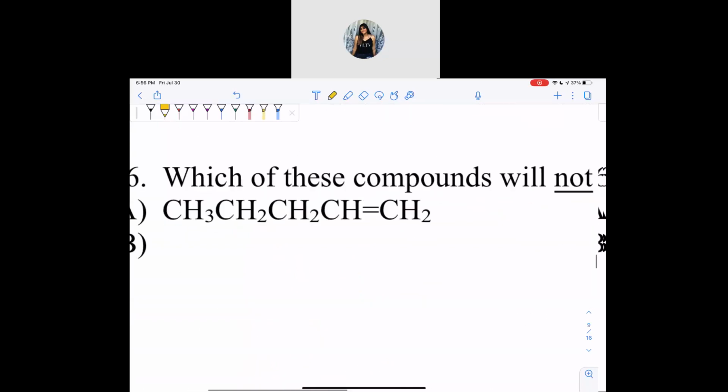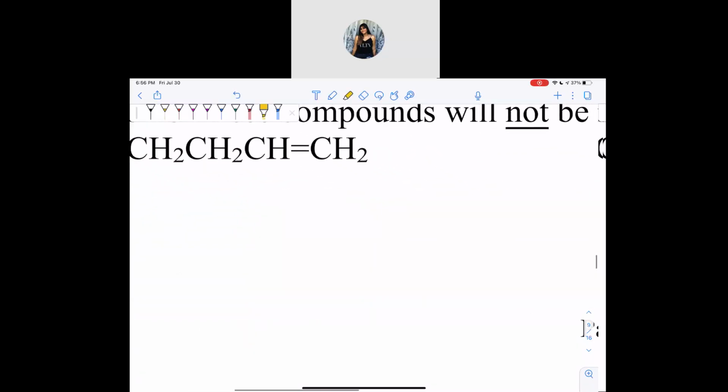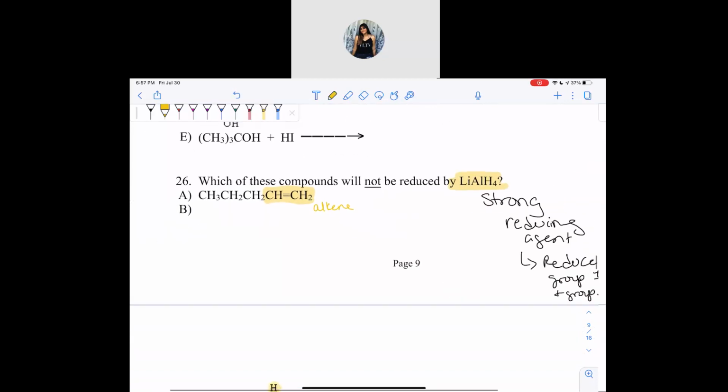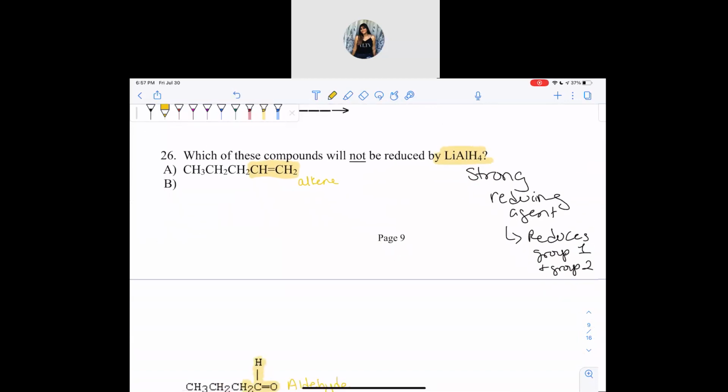And then we have an alkene. Did we talk about alkenes in Orgo 2 being reduced? Yay or nay? No!